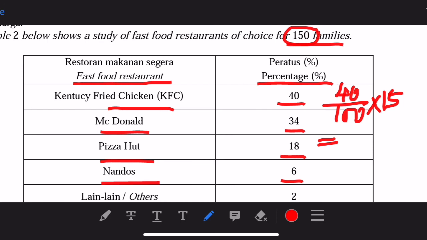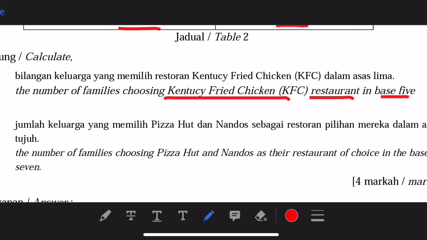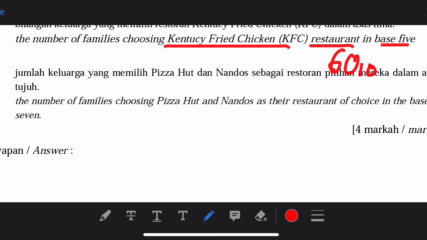If you simplify to the simplest form, what is the answer? 150, cut one more zero, we get 60. That means the number is 60, and the 60 is actually base 10. So we need to convert to base 5, right? Later we convert to base 5.